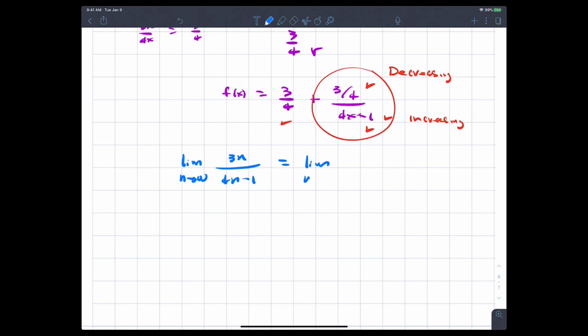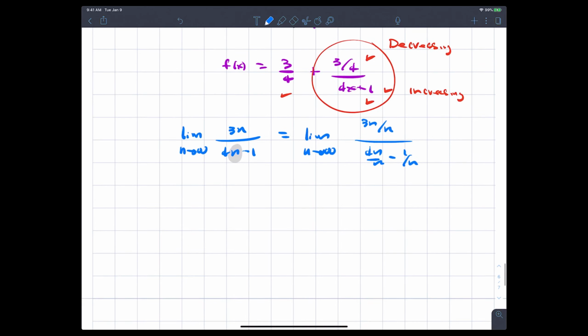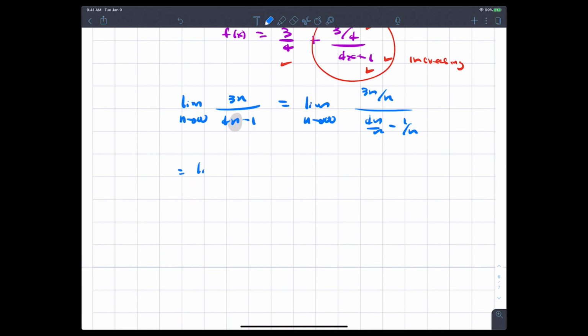When n goes to infinity, again, you divide by the variable with the highest power in the denominator via calculus 1. Here's what you get: 3n over n over 4n over n minus 1 over n, which is the limit as n gets big of 3 over 4 minus 1 over n.